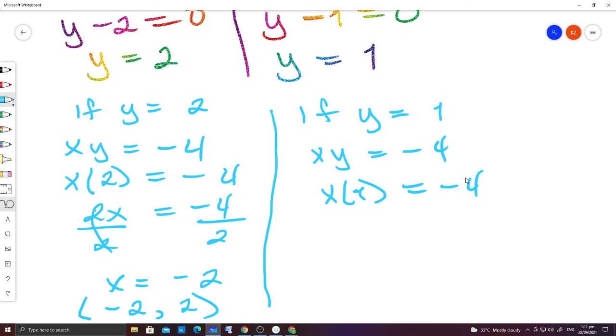So what is our answer? It's easy. x equals negative 4, because it's 1, so negative 4. Okay, so this is it. Thank you. So our answer for the second set is negative 4 and positive 1.